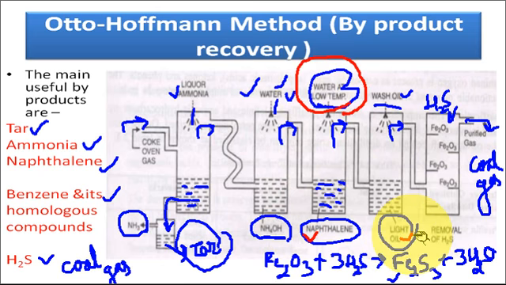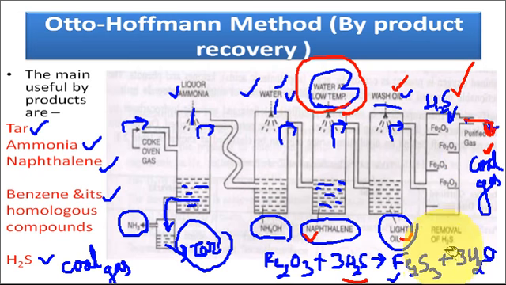Benzene and its homologous compounds are separated with the help of the wash oil or the petroleum oil, because petroleum oil dissolves all the benzene and its homologous compounds, which can be collected at the bottom of this chamber. To remove the H2S from the remaining gas, the iron oxide catalytic chamber is used. Iron oxide absorbs the H2S gas and converts it into iron sulfide. The gas coming out through this chamber is the pure coal gas, which can be collected separately.